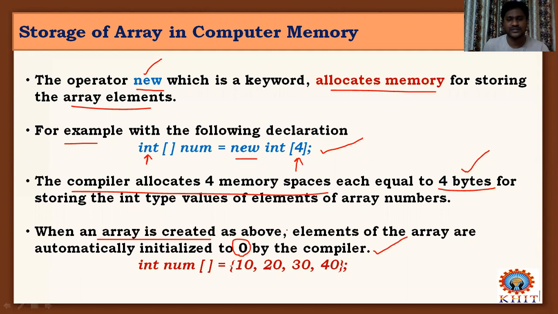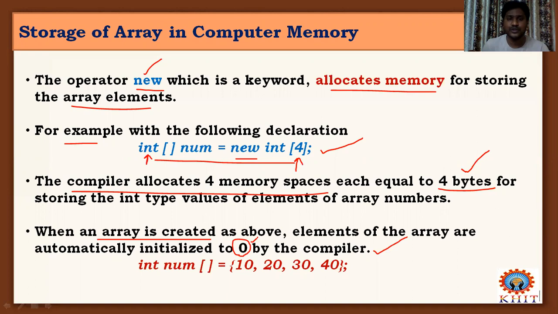When we execute this statement, memory is allocated to hold 4 integer values, and those 4 memory locations are initialized with 0 automatically.